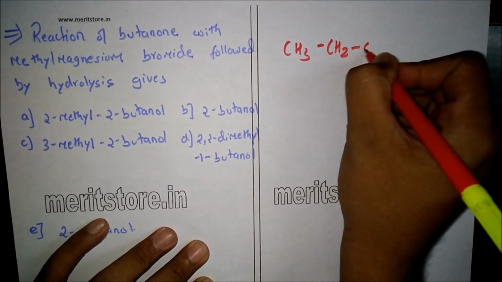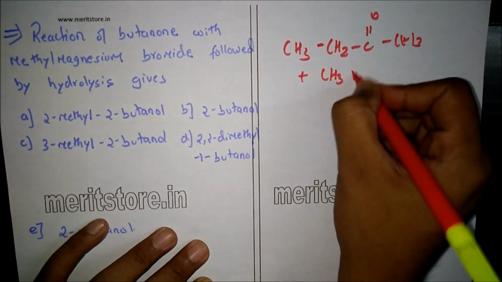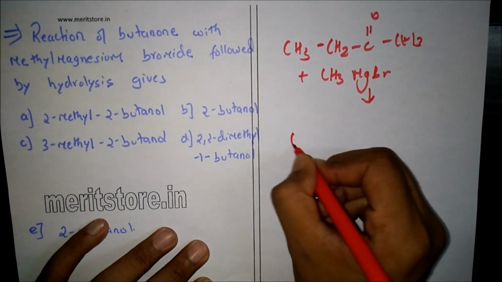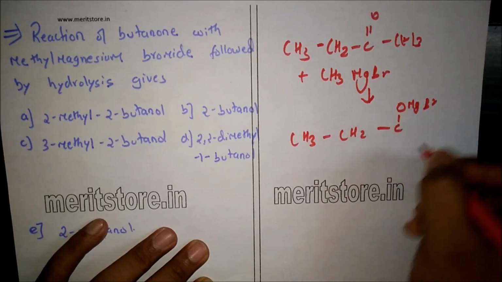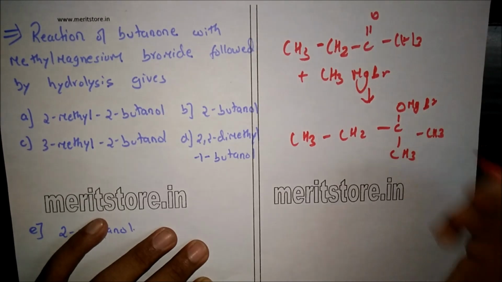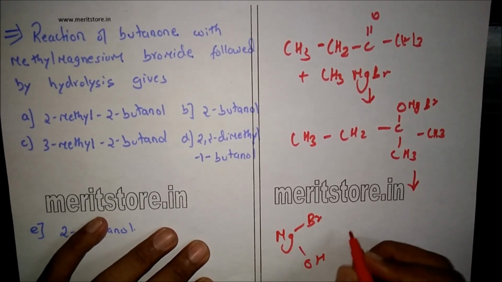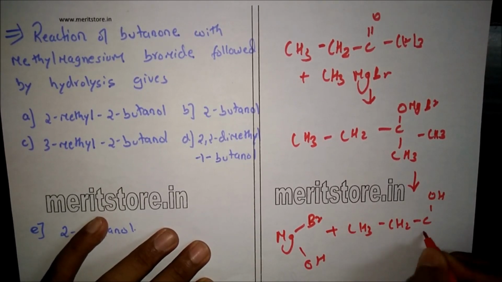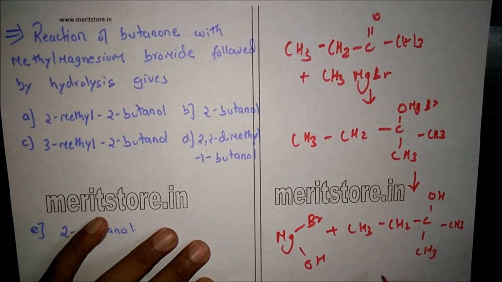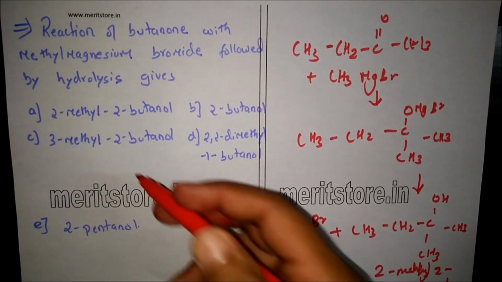Butanone, which is CH3CH2C=OCH3, with methyl magnesium bromide, CH3MgBr, gives the product CH3CH2C(OMgBr)(CH3)CH3, which on further hydrolysis gives two products, MgBrOH and CH3CH2C(OH)(CH3)CH3, which is 2-methyl-2-butanol. Therefore, here the correct answer will be option A, 2-methyl-2-butanol.